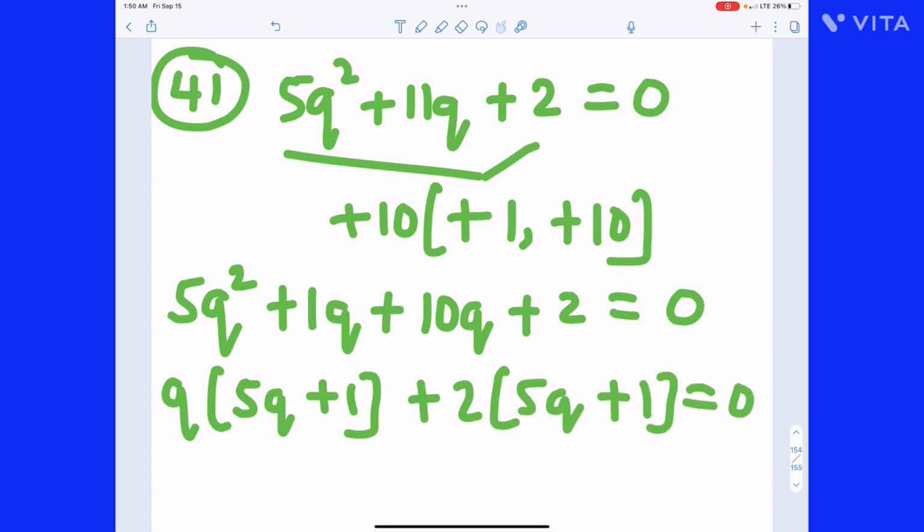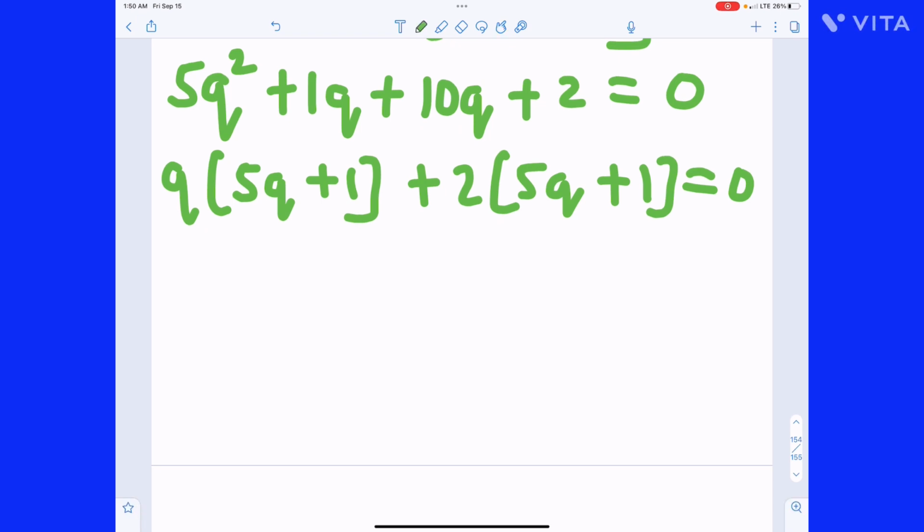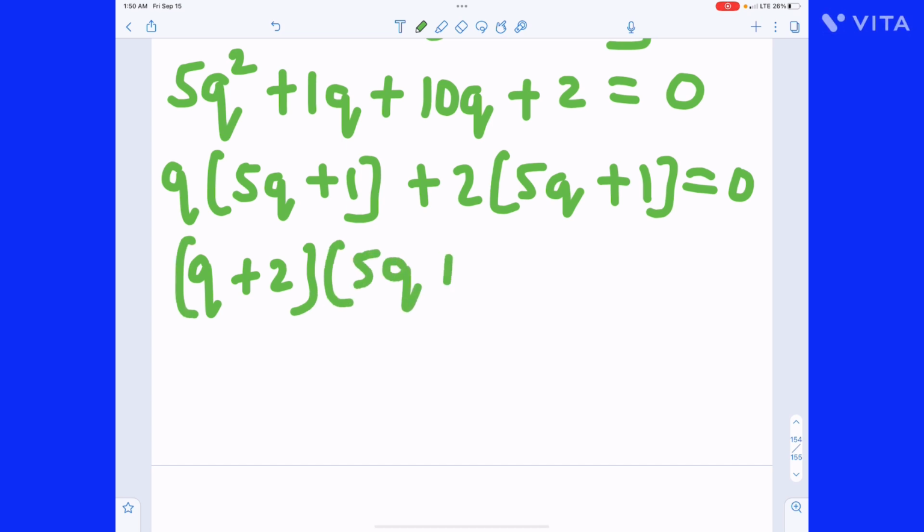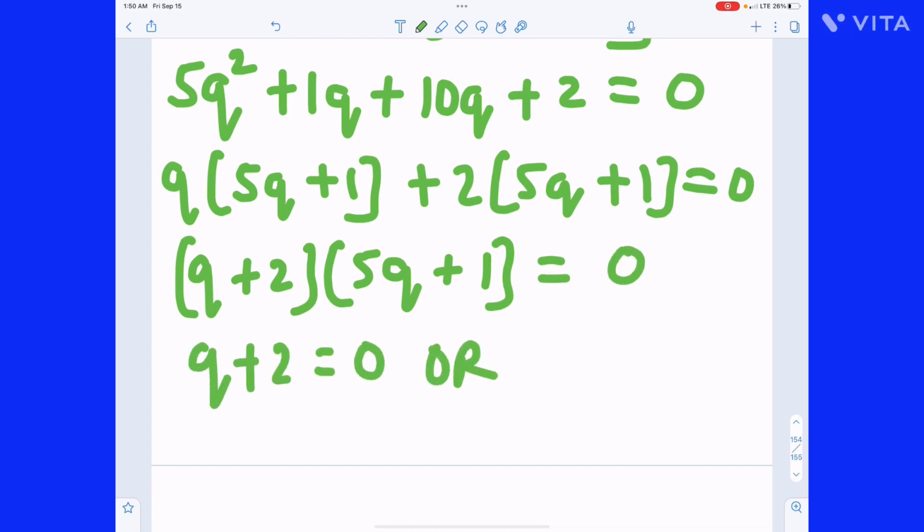I'm sure by now you know how to do that rough work perfectly, so I don't need to be writing it for you anymore. But once in a while I can show some nicety and help you. But I'm very sure you can do it yourself now too. So this gives me x³ plus 2 is 0, or 5x³ plus 1 is 0.